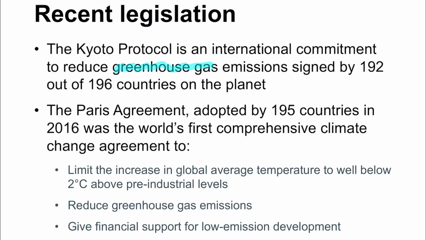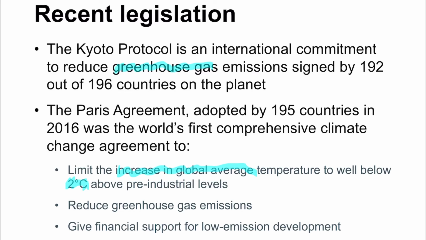We have the Paris Agreement as well, which was adopted by 195 of these countries in 2016. This is the world's first climate change agreement. And the idea behind this agreement was to limit the increase of the global average temperature to below 2 degrees.